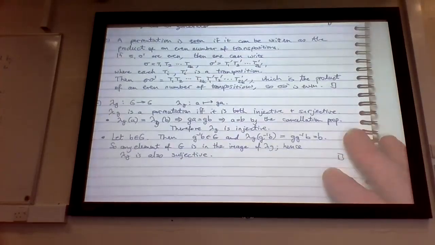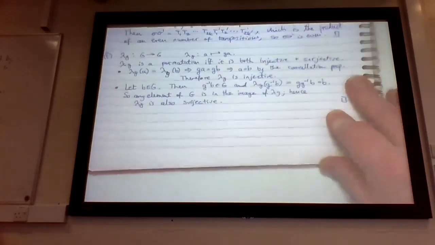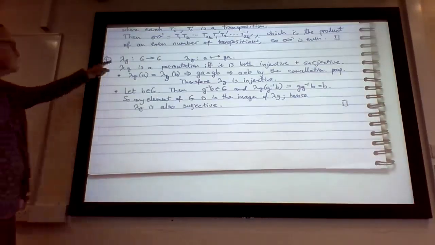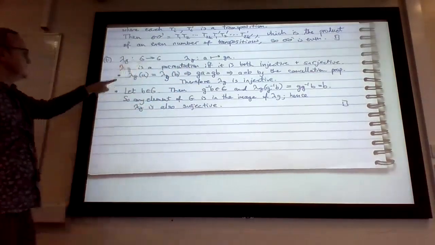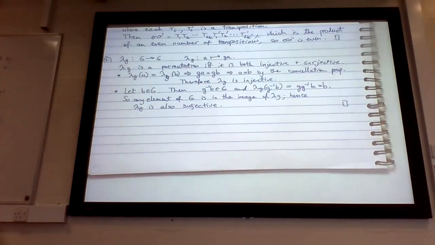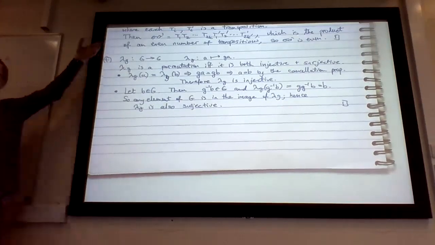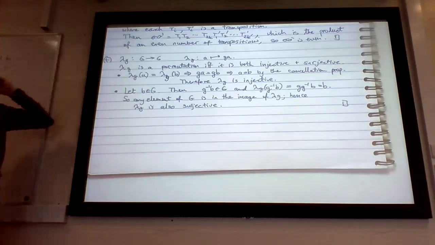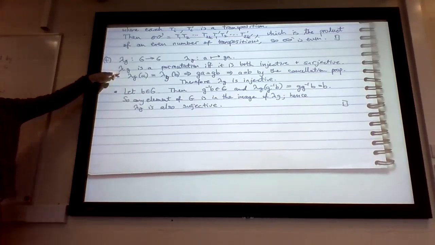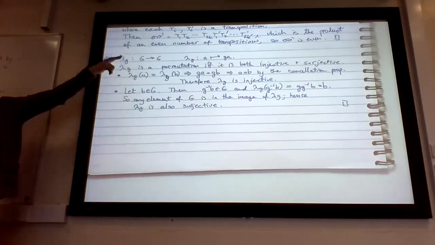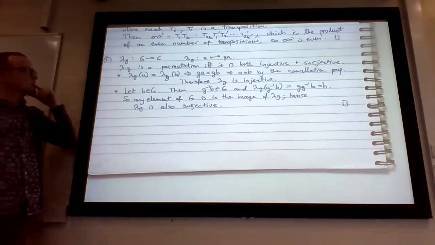He's just got a reminder to himself of the key definition from the question. Again, just like the question on even permutations, it's good to start with a quote of the relevant definition.